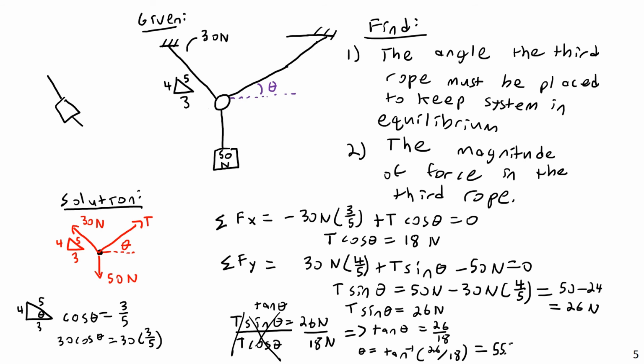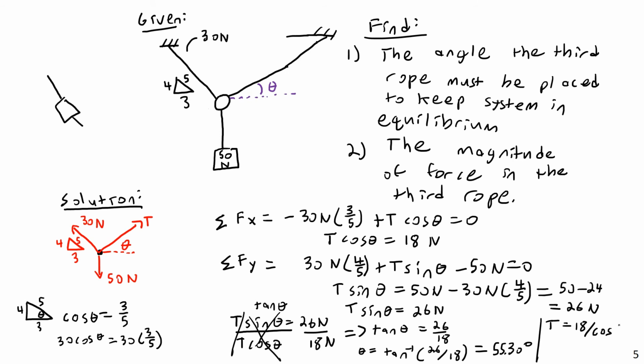And then if I look here, I can see that T is going to be equal to 18 divided by the cosine of 55.30 degrees. I'm squeezing this in here.